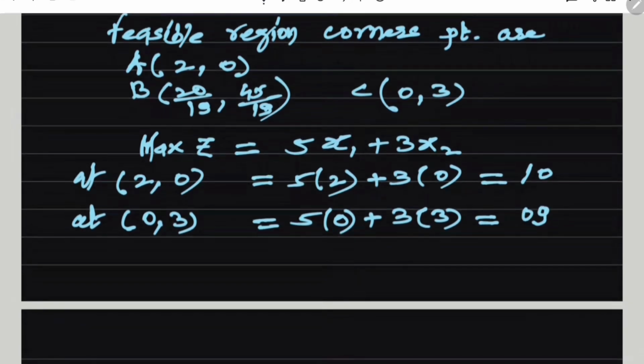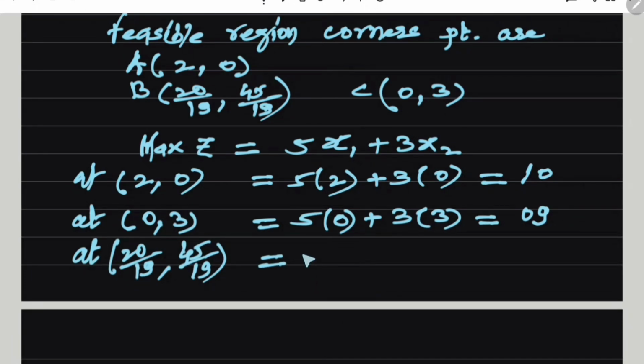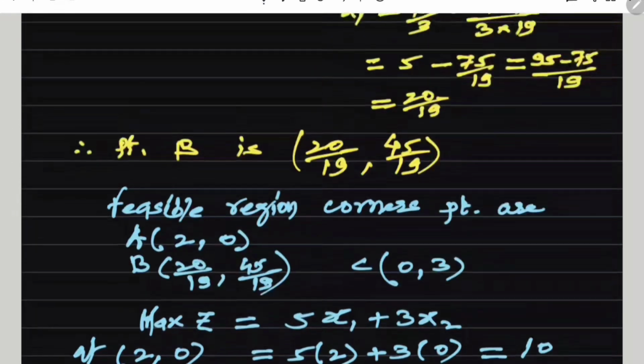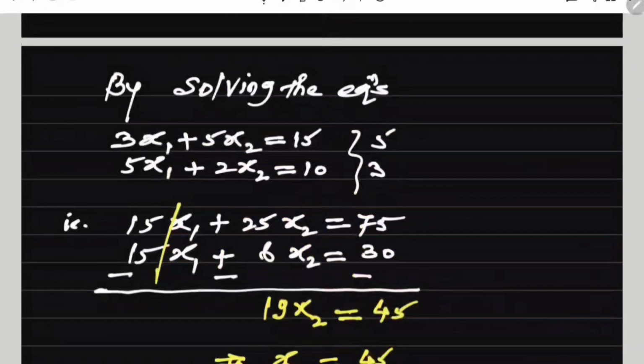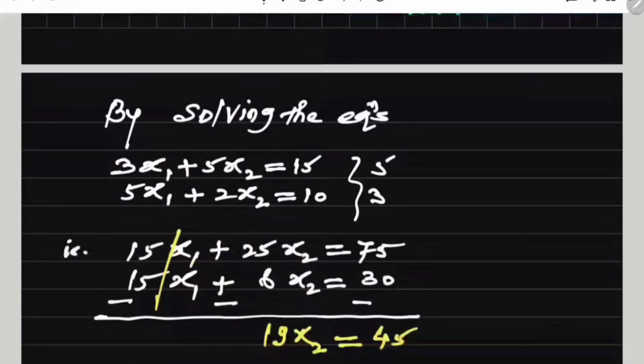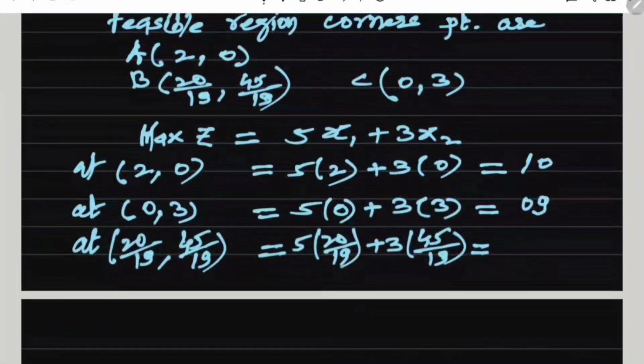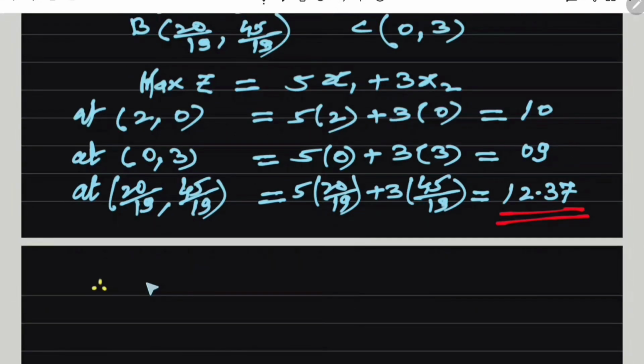Then at the B point, that is 20 by 19 and 45 by 19, we get 5 into 20 by 19 plus 3 into 45 by 19, and then performing all the steps once again, whatever I have performed here, we get that value as 12.37. Then check which one is maximum out of these.